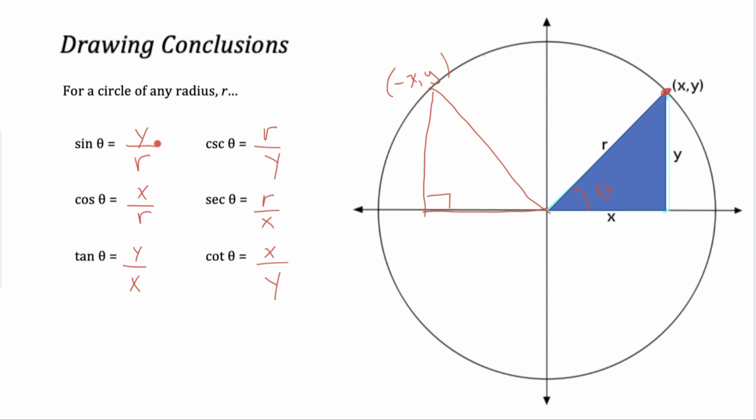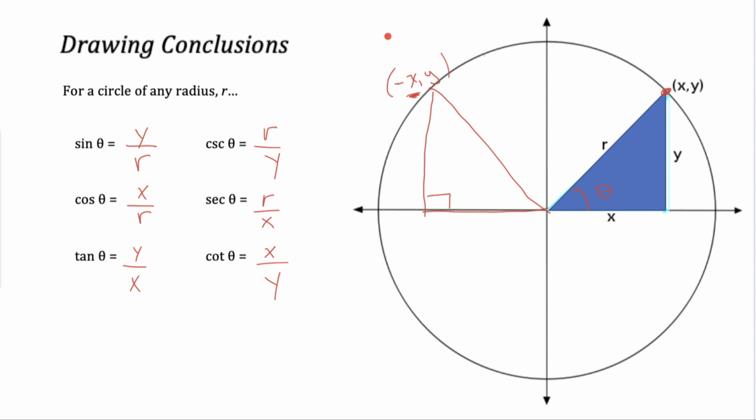And now the values of the coordinates, depending on what quadrant I'm in, are going to affect the values of these trig ratios. So for example, if I'm in the second quadrant, I know I have a negative x value, so any of these trig ratios that involve x are going to be negative in the second quadrant, right? So notice that the only thing that doesn't involve x are sine and cosecant.